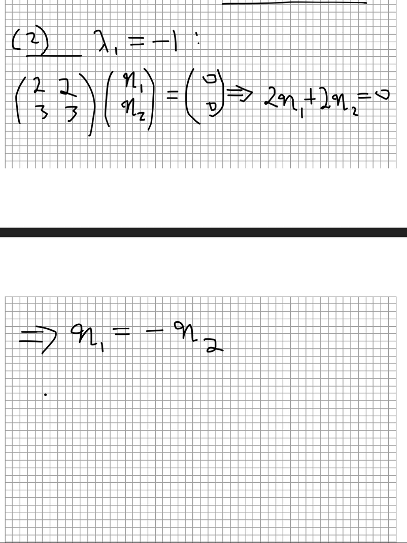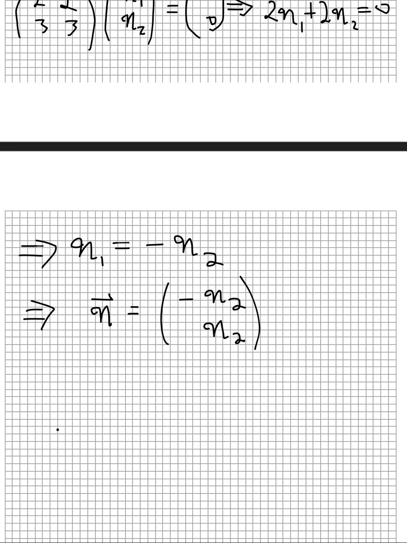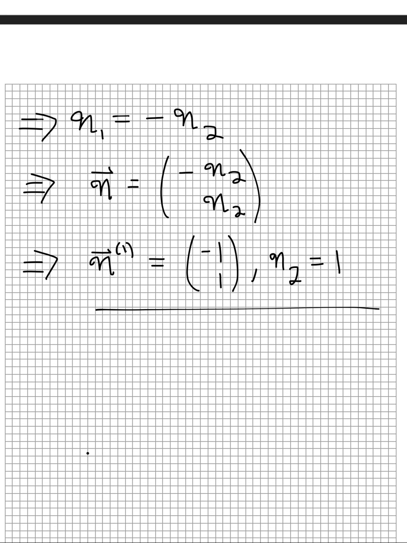So therefore, this implies that our eigenvector nu is actually equal to negative nu 2, nu 2, getting it in terms of one of these elements, just as we've done before in the past. So our first eigenvector, designated with this 1 up here, is going to be equal to negative 1, 1, and nu 2 is equal to 1. All done. So that's our first eigenvector.